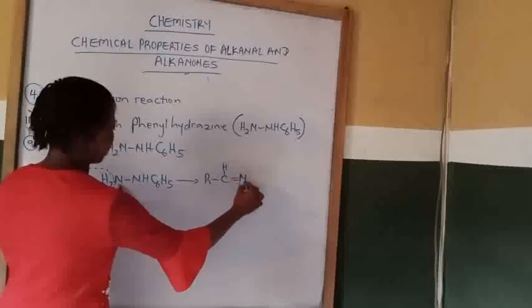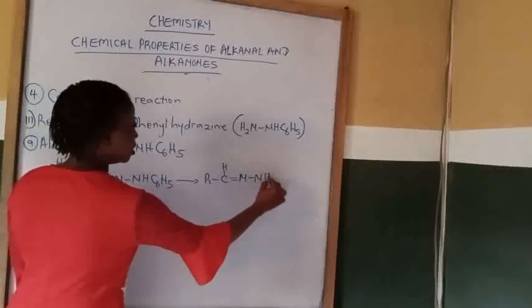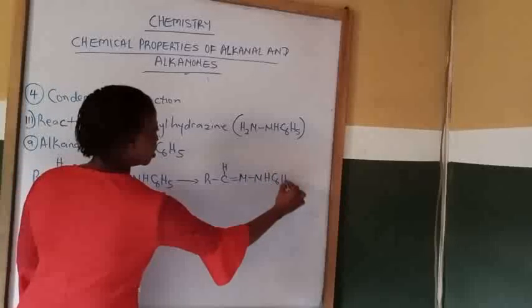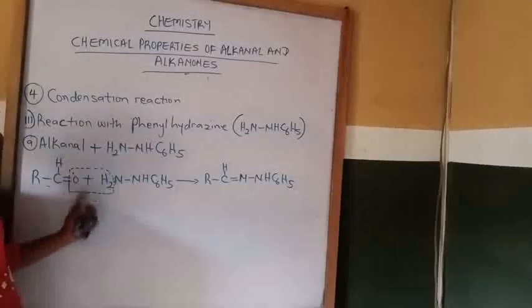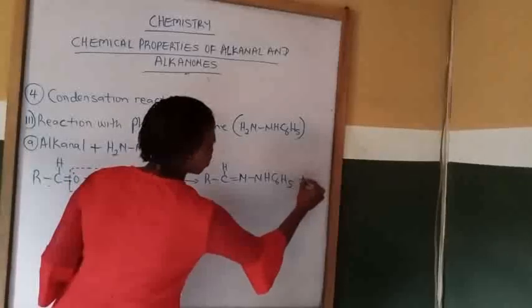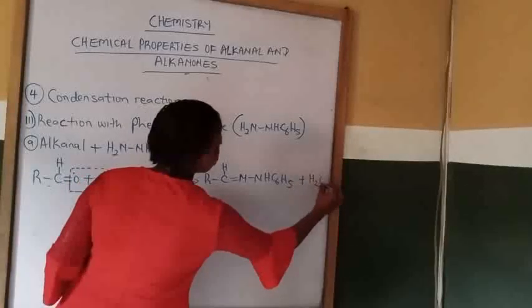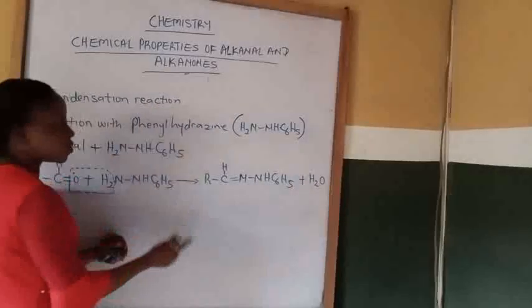So that's NHC6H5. Then the elimination of a water molecule, plus the water molecule that we eliminated, H2O. So what is the name of the product formed?